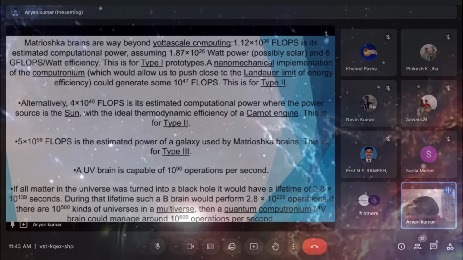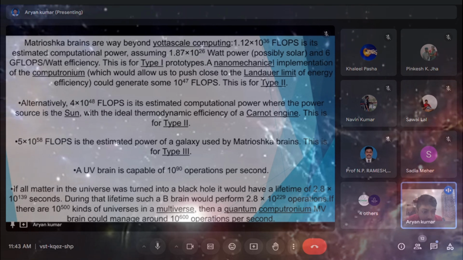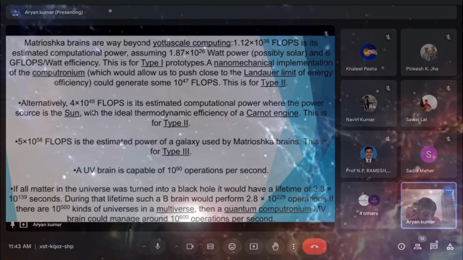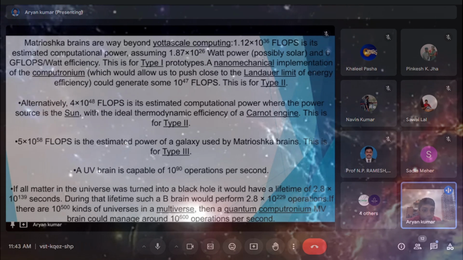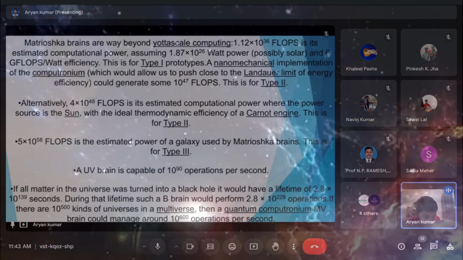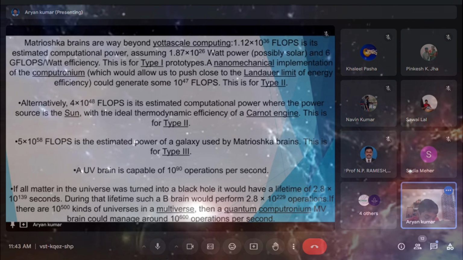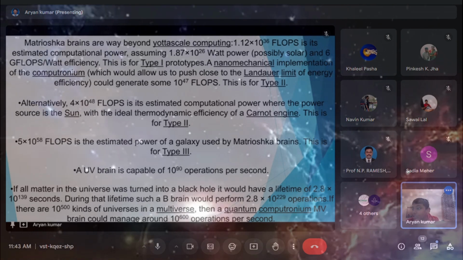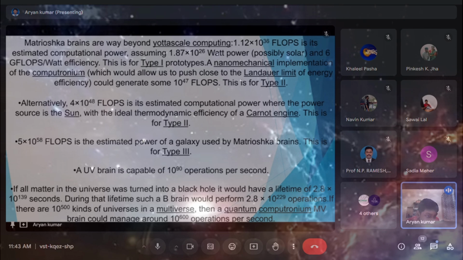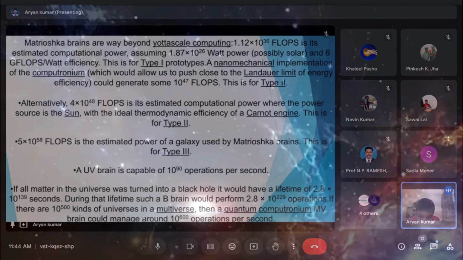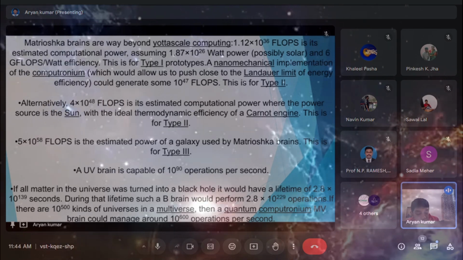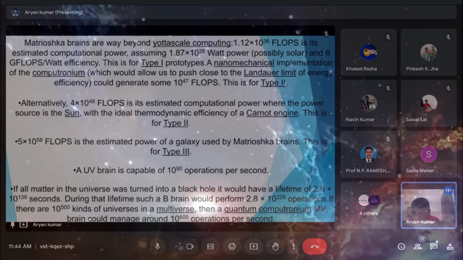These are all things we can do after we become a type 1 civilization. Something we can do right now is asteroid mining. An asteroid can power us for millions of years, like 16 Psyche, which is estimated to be worth quadrillions of dollars.